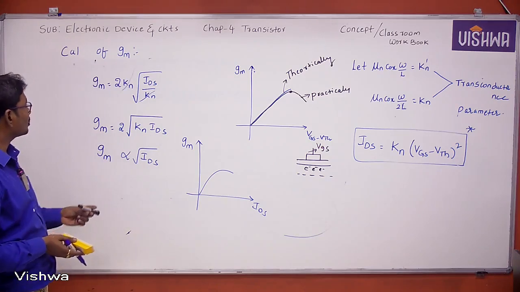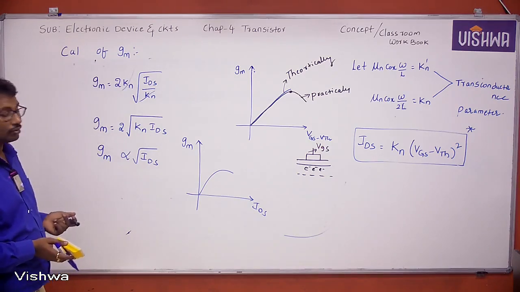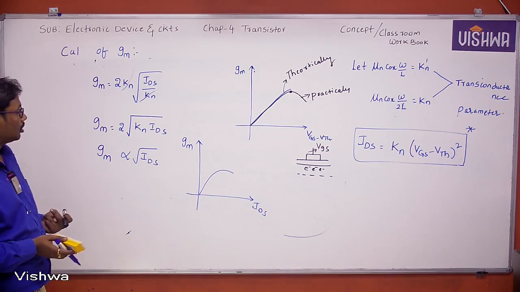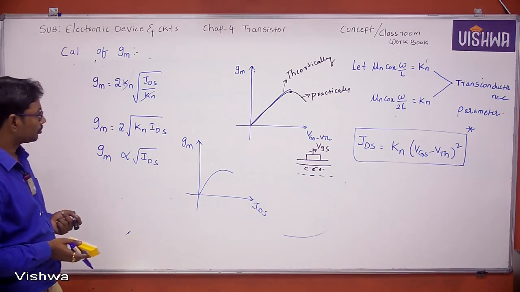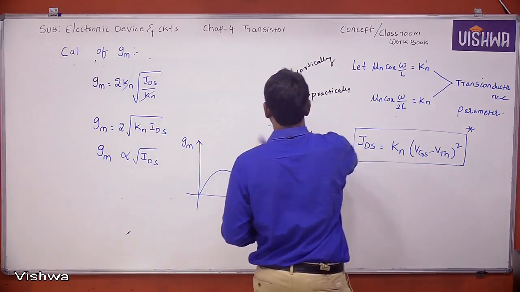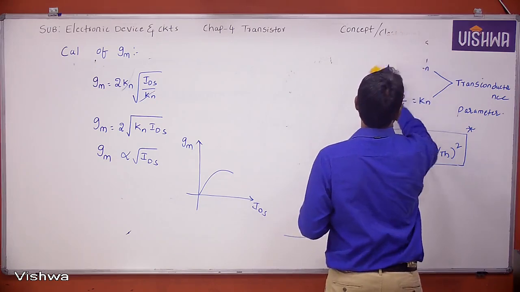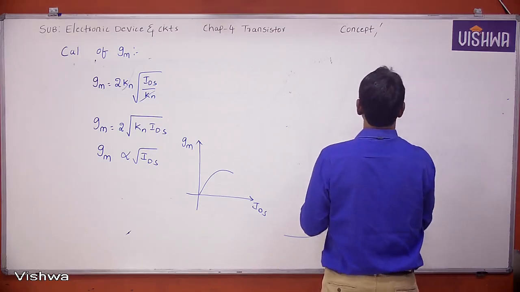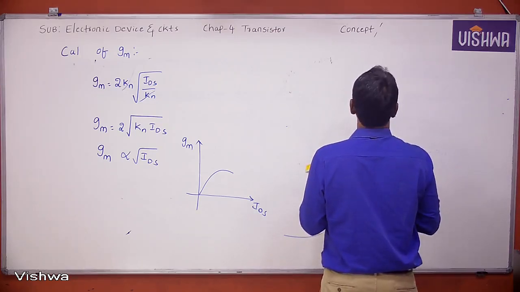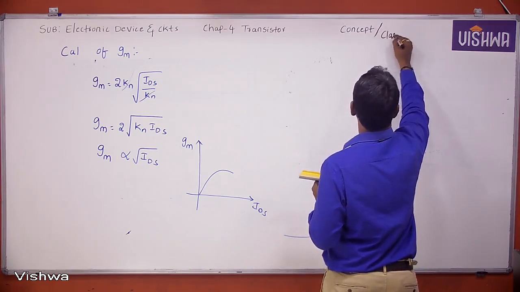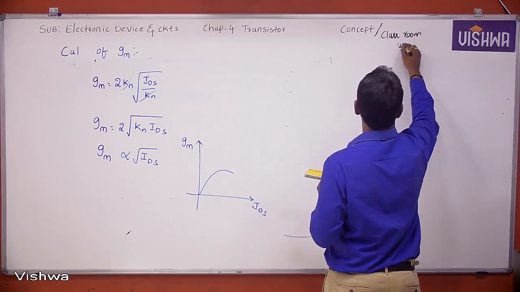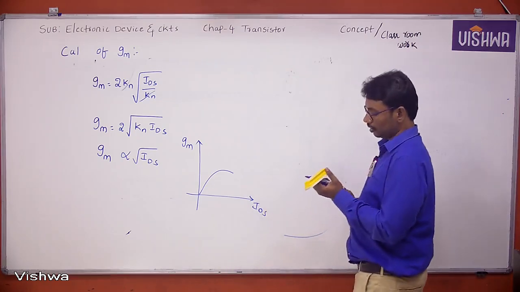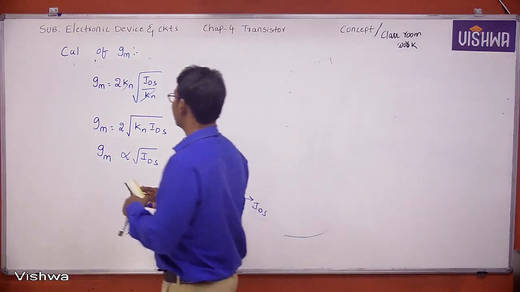Yeah, this is the transconductance in terms of IDS. Copy. Next. Copy, okay?